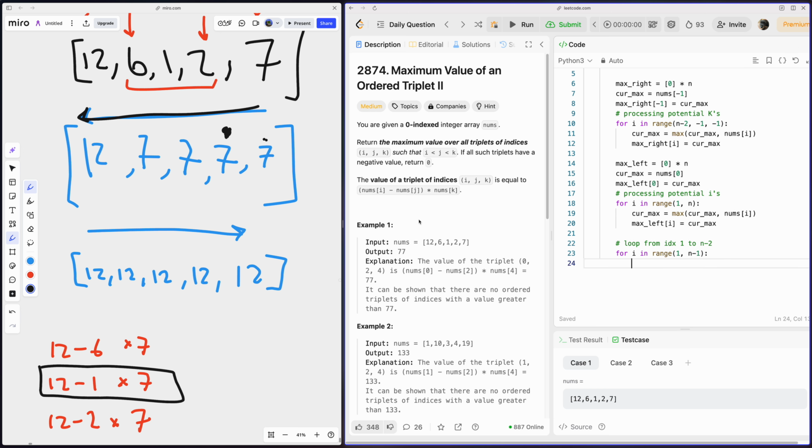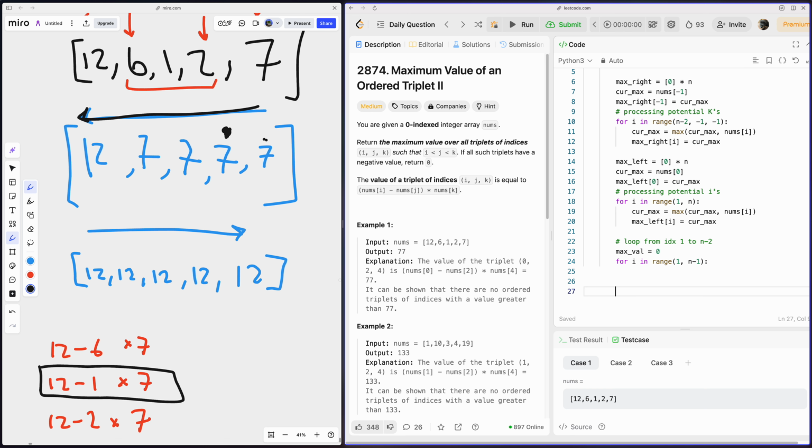The max value is 0. And then later we could just return the max value.